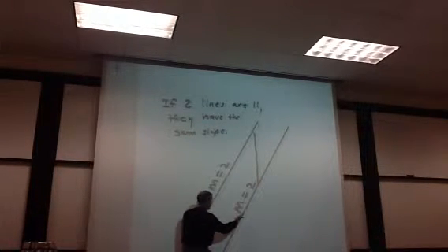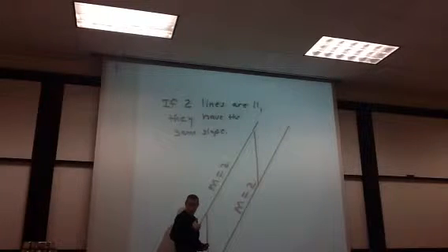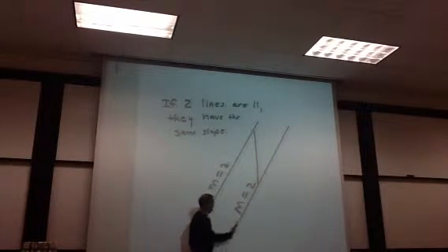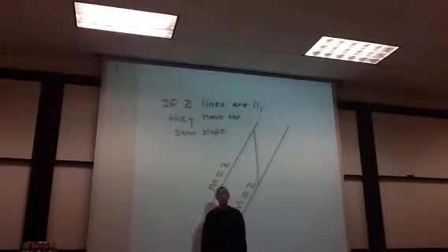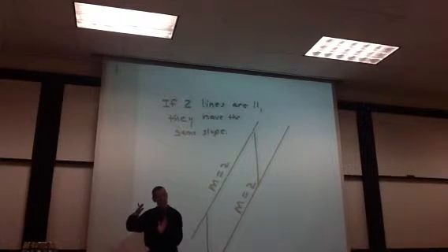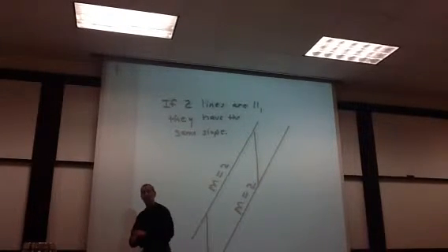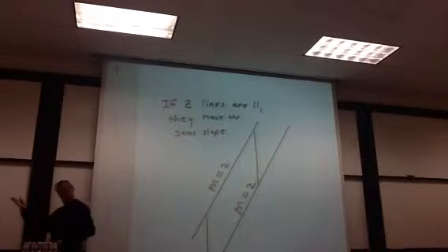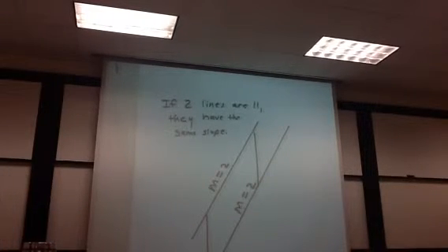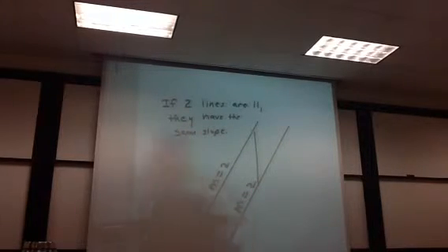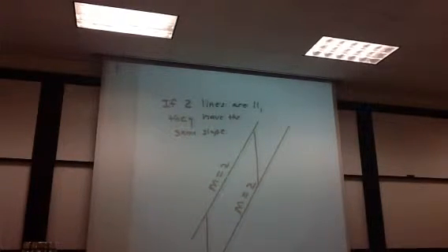Show that that slope and that slope are the same, and show that that slope and that slope are the same. That means opposite sides are parallel. By the definition of a parallelogram, they're parallel. So the converse is true as well. Two lines have the same slope, they're going to be parallel.